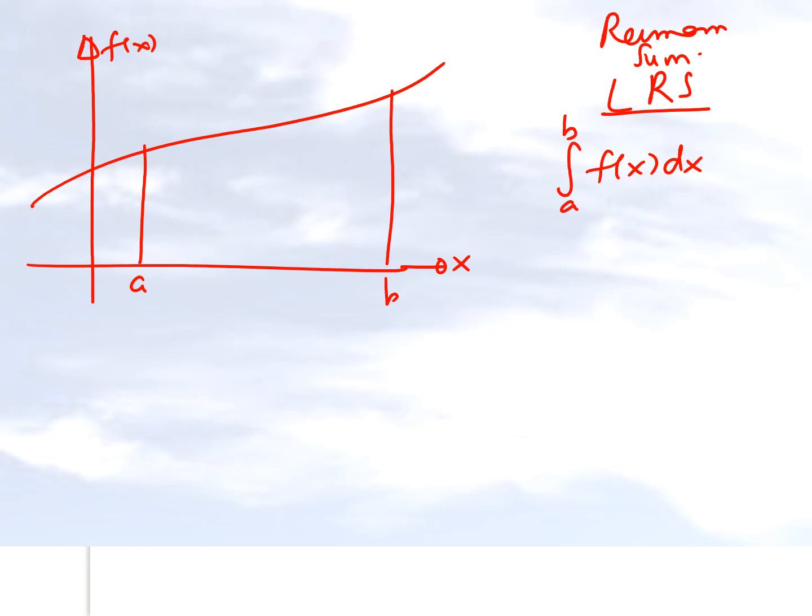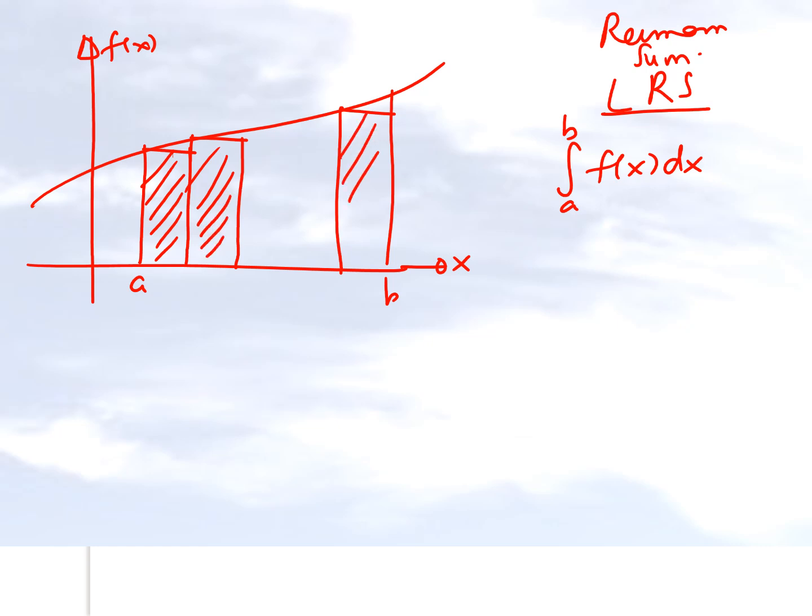We'll only be able to find an approximate value if we use the Riemann sum with a finite number of rectangles. So the left-hand Riemann sum starts from here, then it will keep on going, and the last one will be right here. So we'll be finding out what the areas of these rectangles are, adding them up, and that gives us an approximate value of the integral.